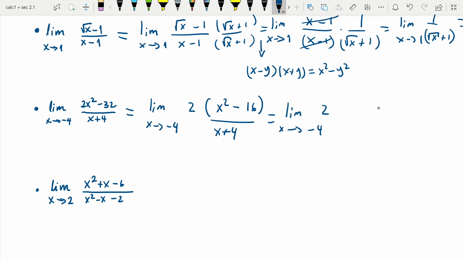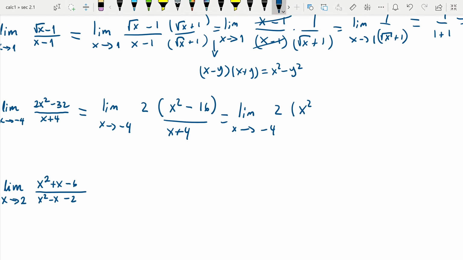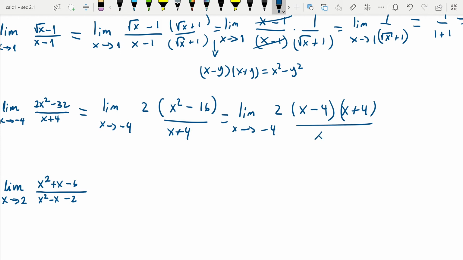We use the same identity as before, x squared minus 4 squared, which is equal to x minus 4 times x plus 4, and we're dividing by x plus 4.